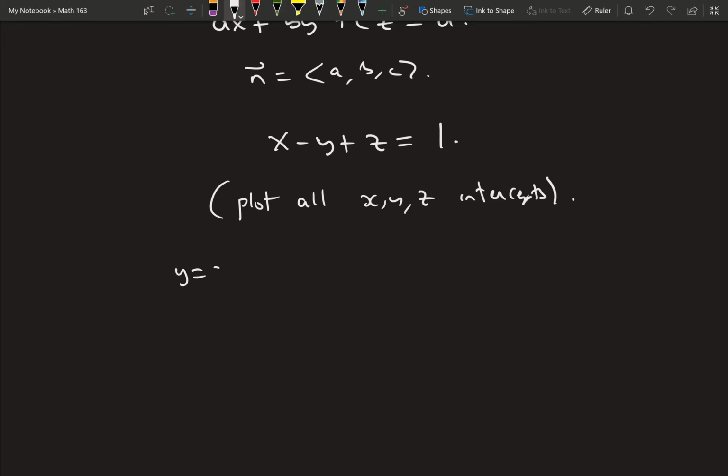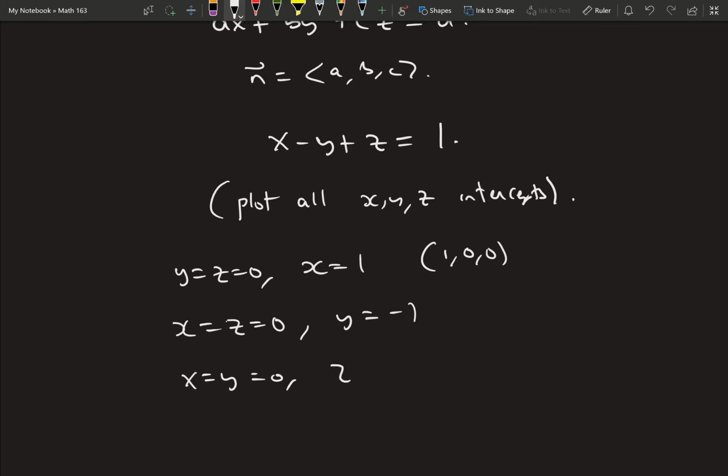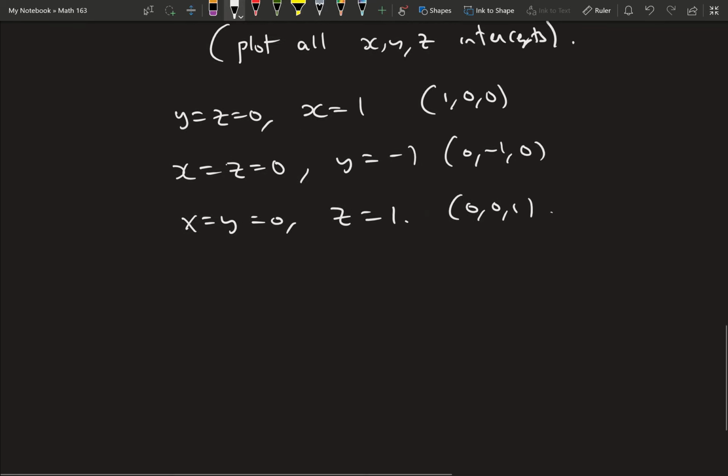If you set y and z to be 0, you get x equals 1, so you get the point (1, 0, 0). If you set x and z to be 0, you get y as minus 1. And if you set x and y to be 0, you get z as 1. So you get the points (0, -1, 0) here, (0, 0, 1) here.